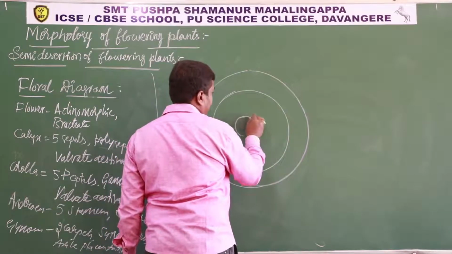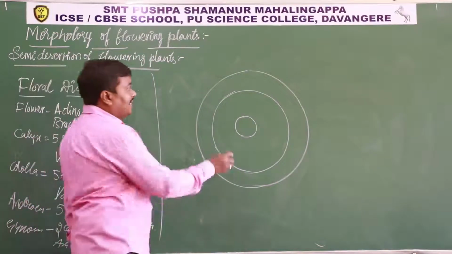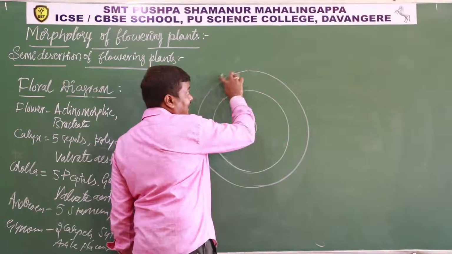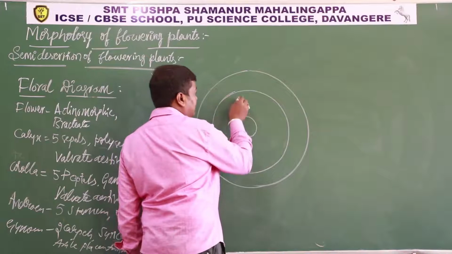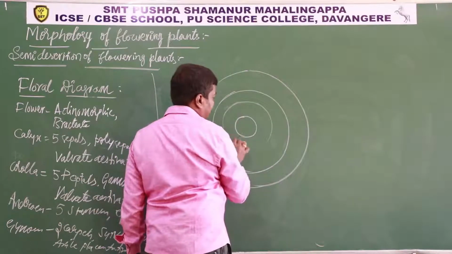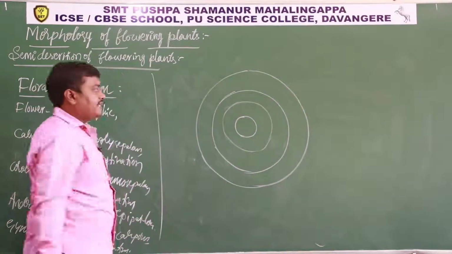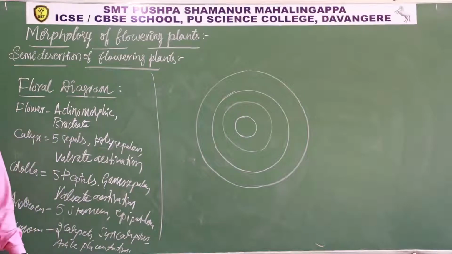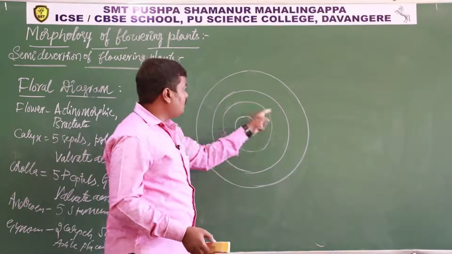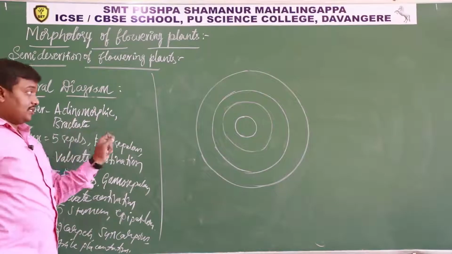Innermost is the gynoecium, so it represents the gynoecium, and here the androecium comes. So the first circle indicates the calyx, this the corolla, this the androecium, then the gynoecium. Calyx, corolla, androecium and gynoecium can be represented in a specific order. This is the outermost whorl, second whorl, third whorl and fourth whorl. So usually a flower consists of 4 whorls like this.